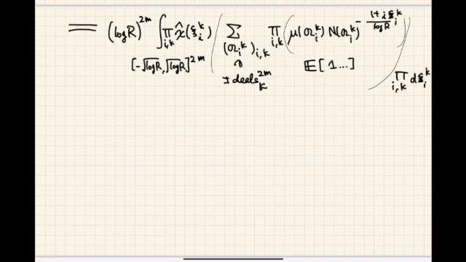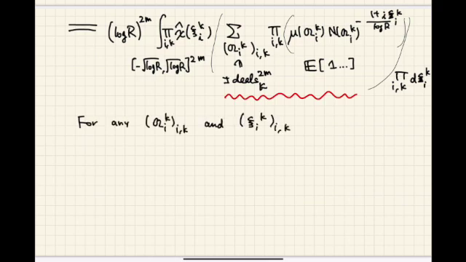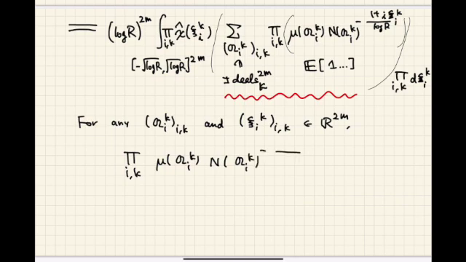Now we want to consider this sum part. So before taking a sum, for any fixed tuple of ideals and variables psi, we will rewrite this quantity first.